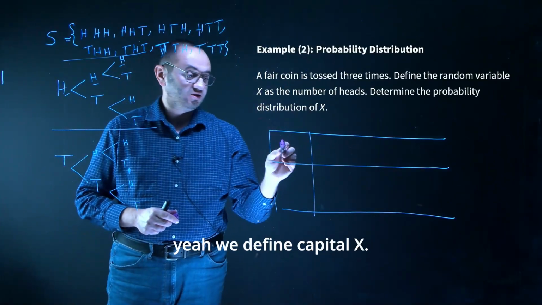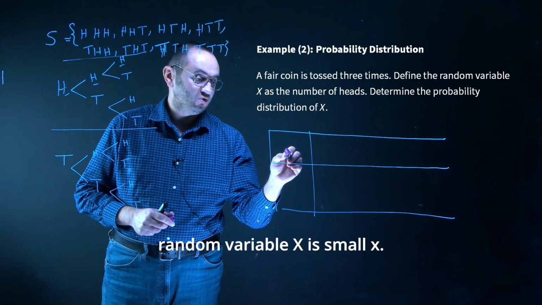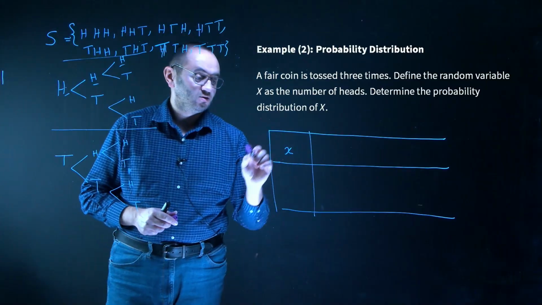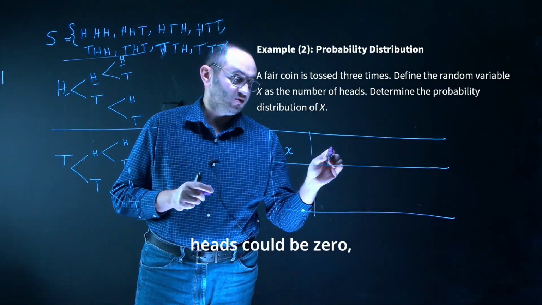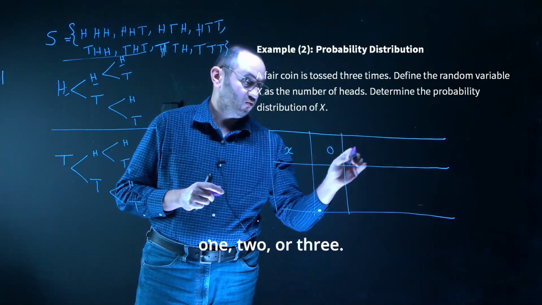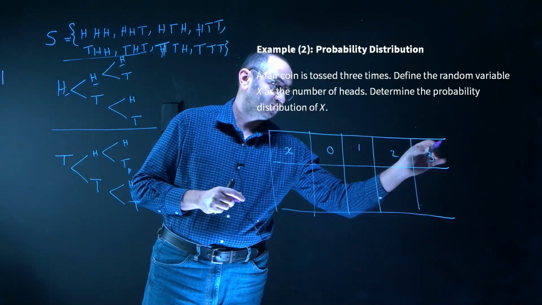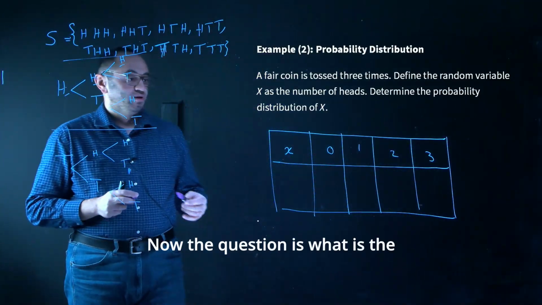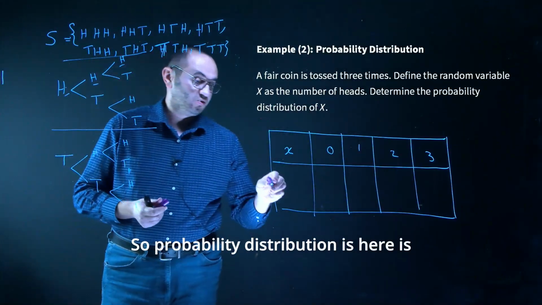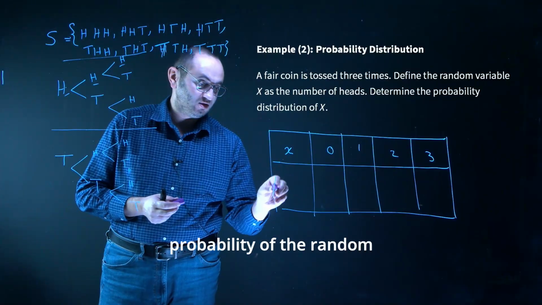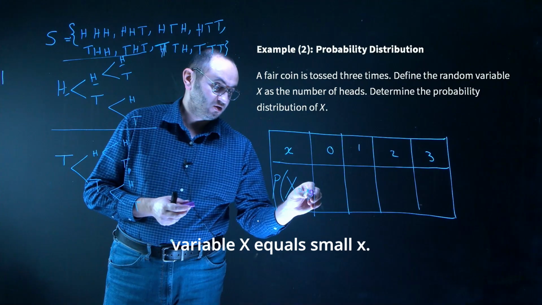We define capital X, and the values of that random variable are small x, which could be 0, 1, 2, or 3. Now, what is the probability distribution? It is the probability that the random variable X equals small x.